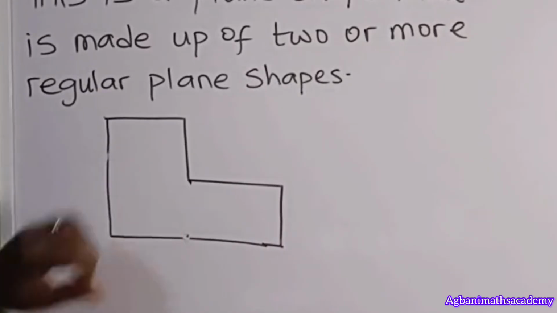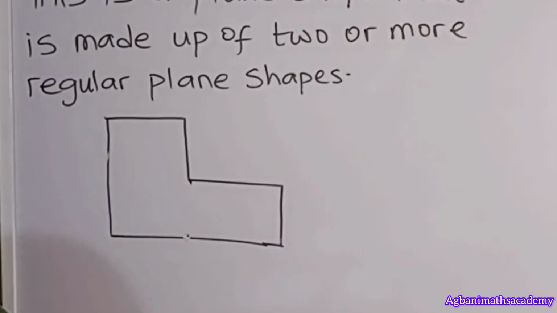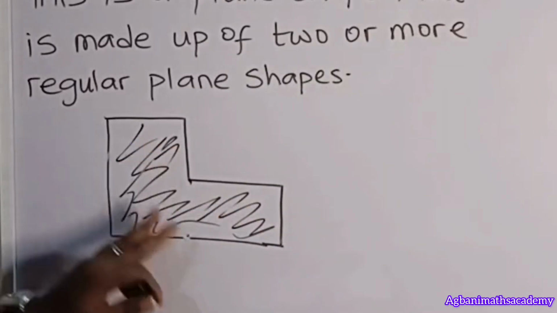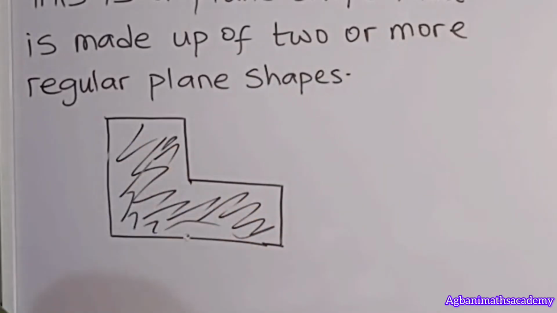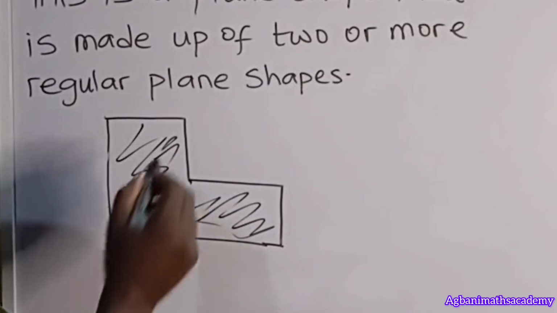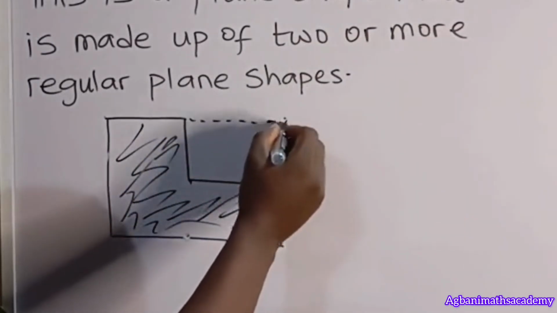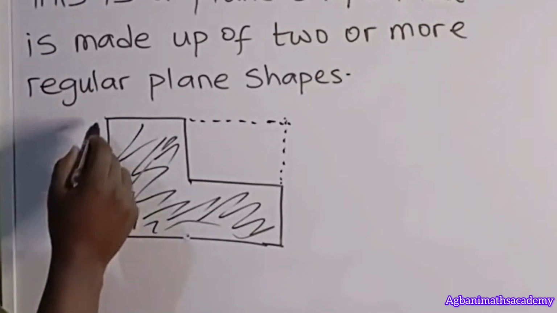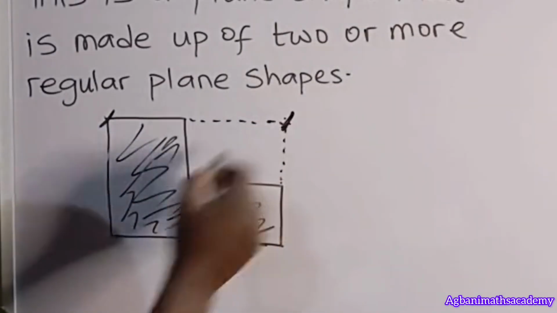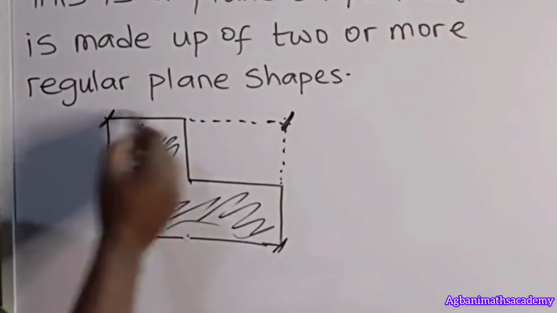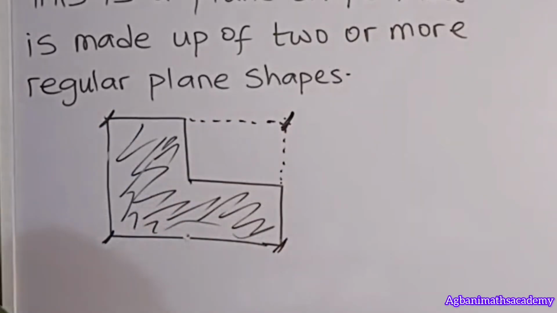If you are told to calculate the area of this shape here, let me shade it, you can also do something else. You can extend this. Now, from here to here to here to here is a regular plane shape. This looks like a rectangle, right?